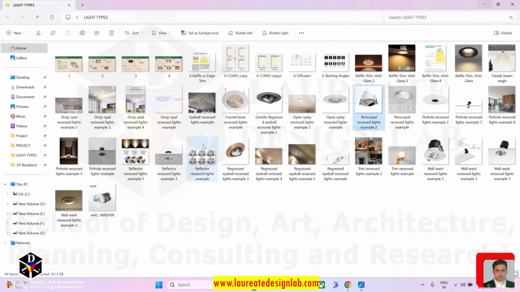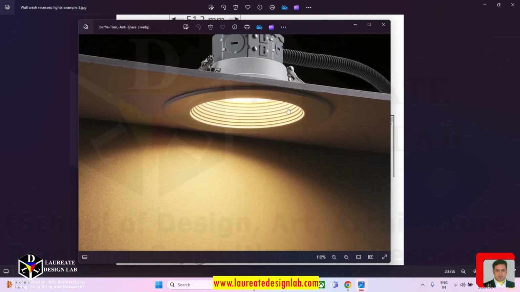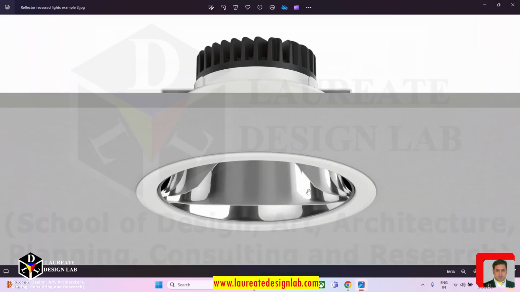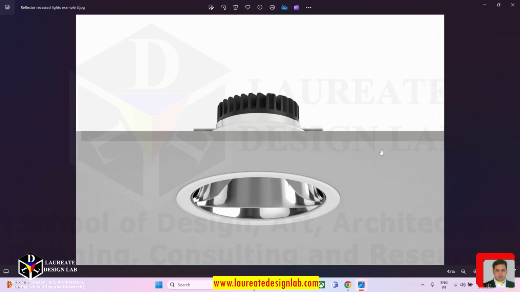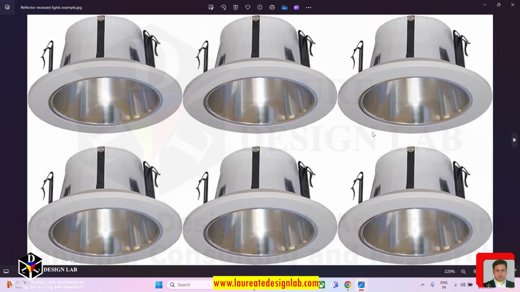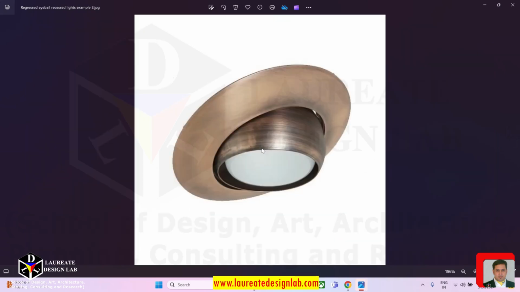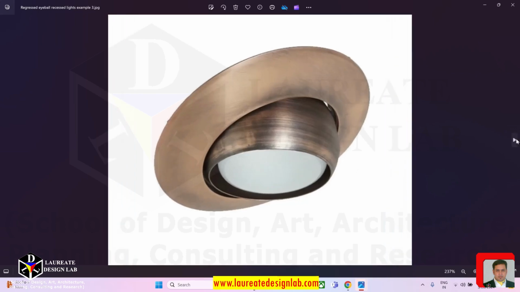Let's see a few more, if we have missed any. So this is the type of light called baffle light. You can see this is which one? Reflector. This is the reflector one, because it is having a shiny reflective surface. This is recessed eyeball. Eyeball.